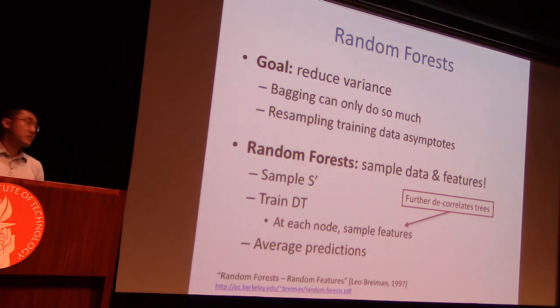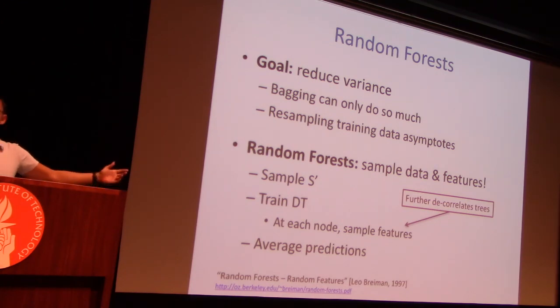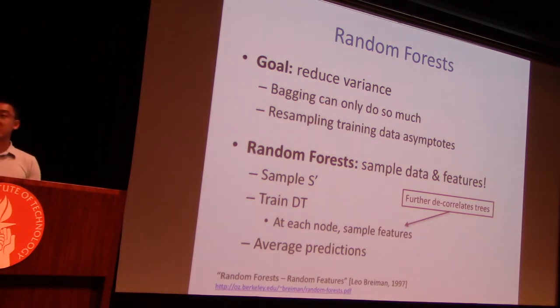Well, no. When you sample with replacement, some data points in S prime are going to be duplicates, and some data points in S won't be in S prime. You sample a data point from S uniformly, and then you sample a data point from S uniformly again, until you've created a training set S prime with the same size as S. So some fraction of the data points actually will be duplicates.